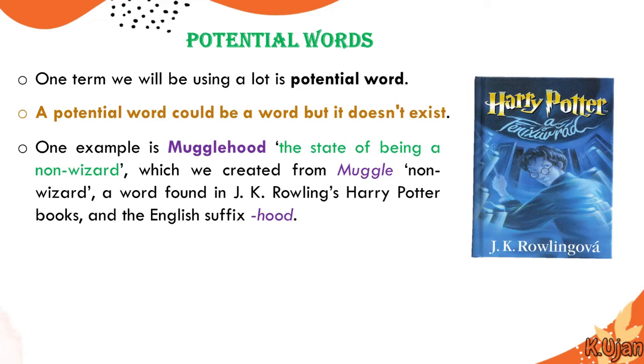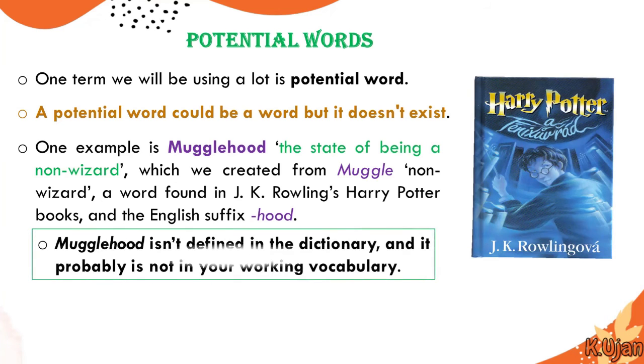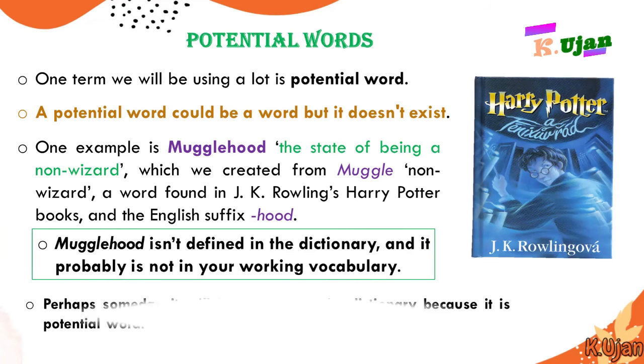Muggle-hood isn't defined in the dictionary and is probably not in your working vocabulary, but perhaps someday it will be included in the dictionary because it is a potential word.